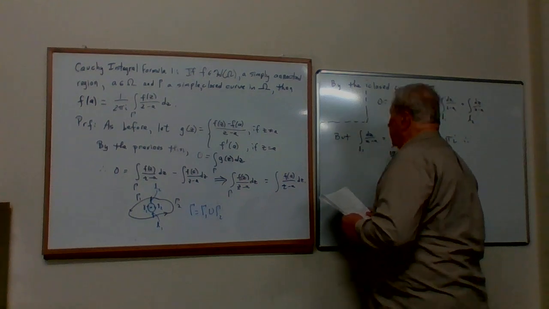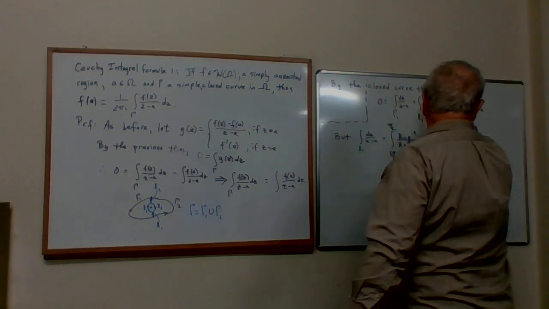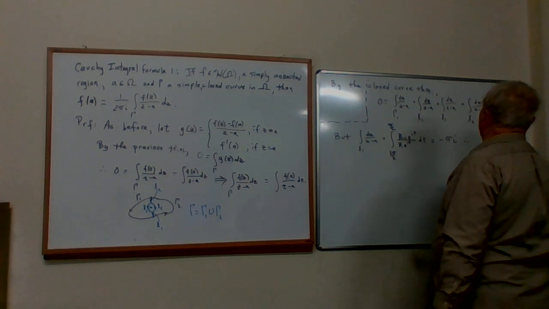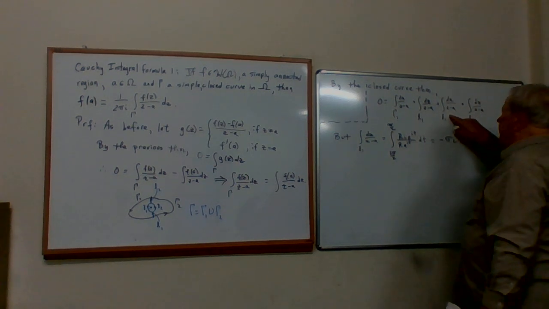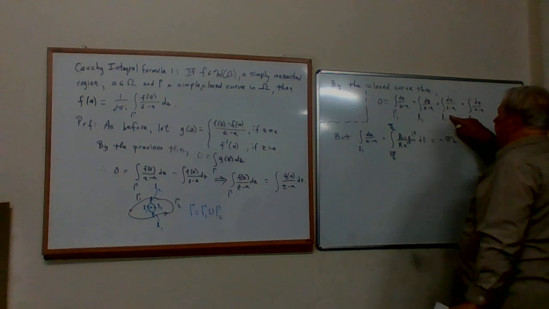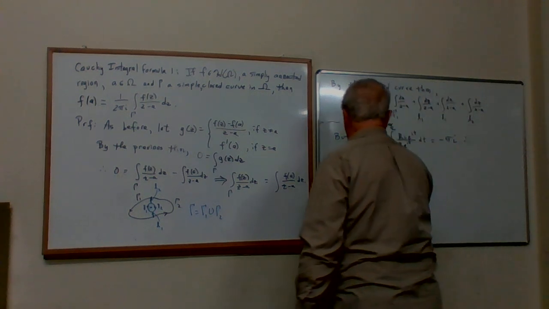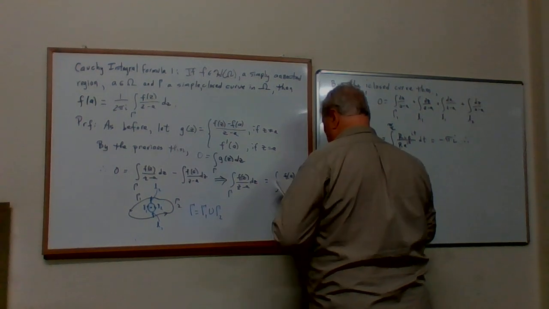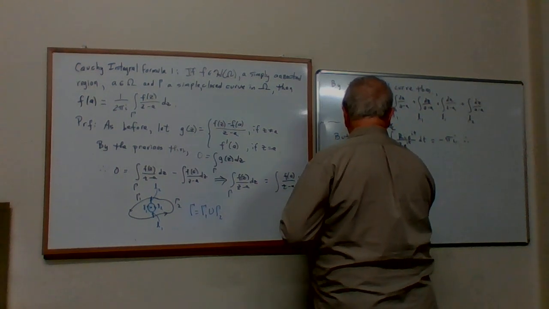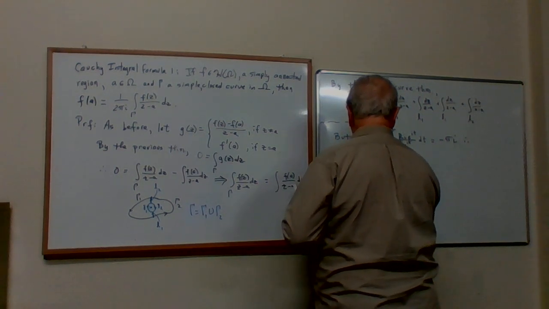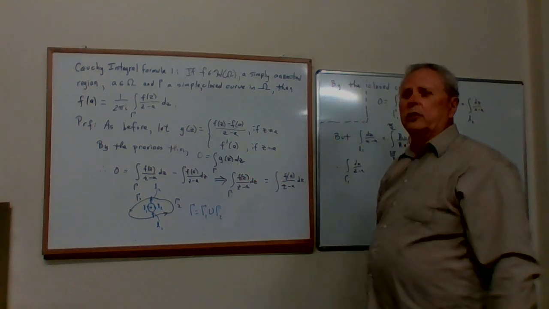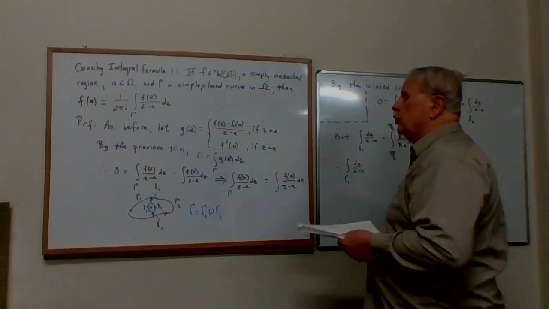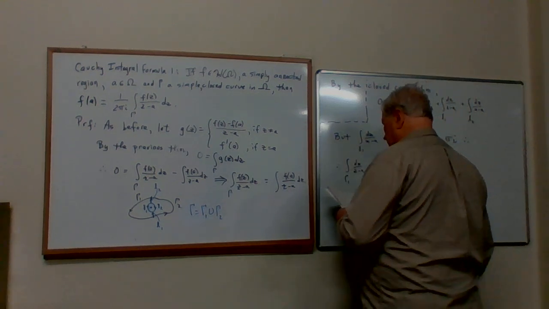Therefore, now I'm rearranging this thing that's equal to 0, but this particular integral being negative pi i, therefore, the integral over gamma 1 of dz over z minus a. By the way, this is a sneaky trick that you actually use a number of times in complex variables, and so you're learning a new sneaky trick.